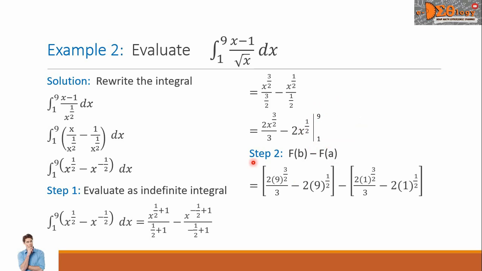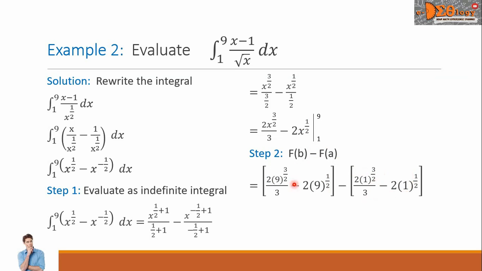So we have 2 times 9 raised to 3 over 2 all over 3 minus 2 times 9 raised to 1/2. Then minus F of a. We have 2 times 1 raised to 3 over 2 all over 3 minus 2 times 1 raised to 1/2.